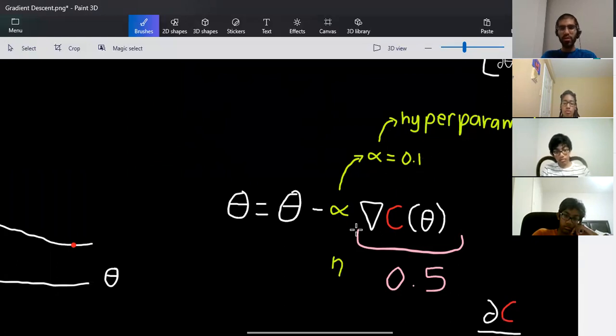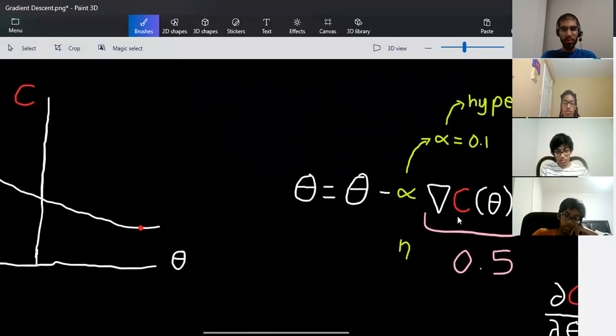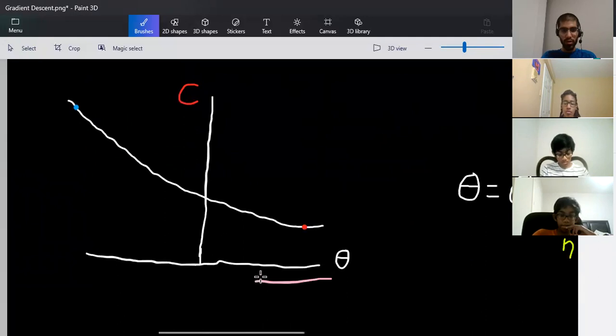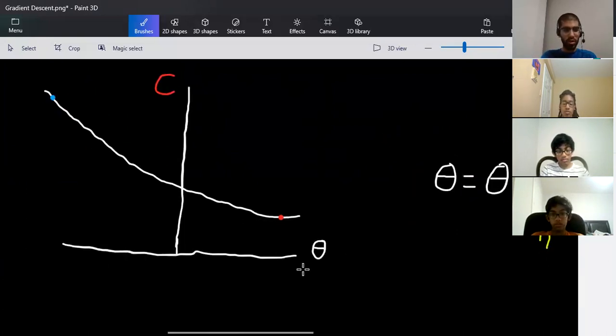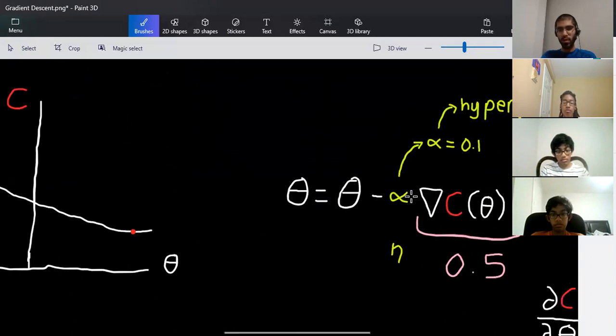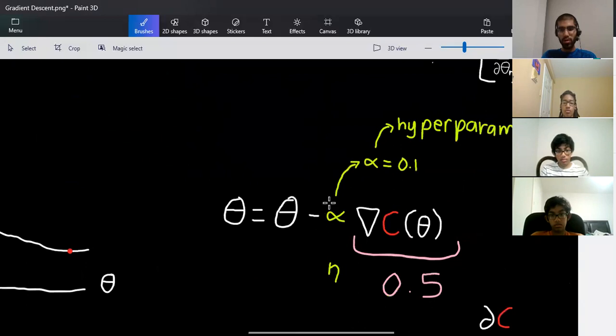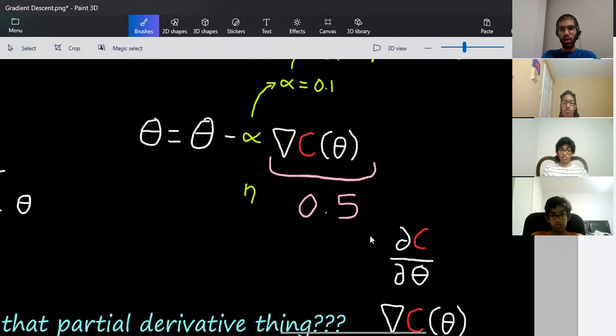Then this is bigger, and theta decreases by a larger amount. Remember what's going on here. Theta is subtracting a number at the end of the day. So this is how much theta is going to change. The size of those steps is why this is called the learning rate. It's controlled by the hyperparameter alpha, eta, whereas backpropagation supplies this term. It supplies the value to fill in here.